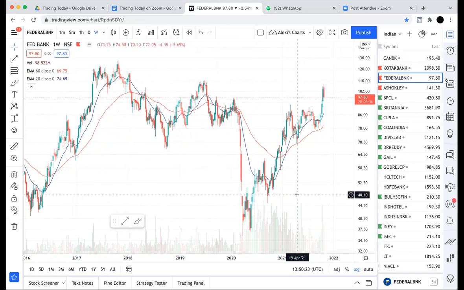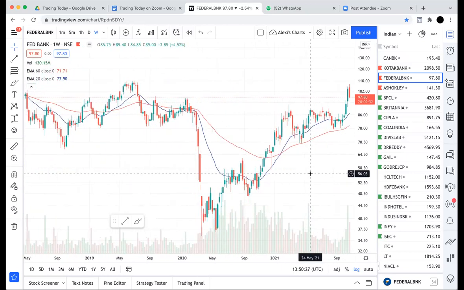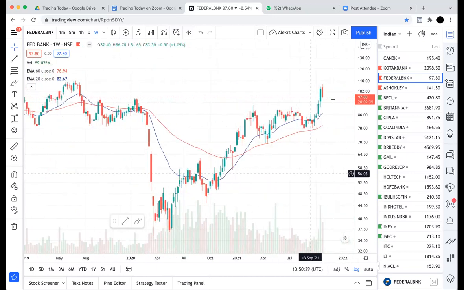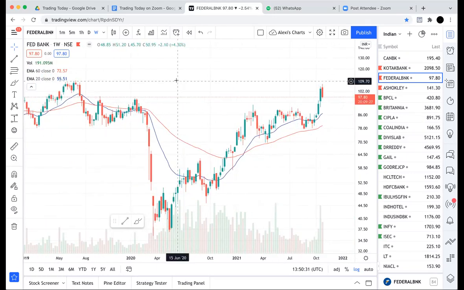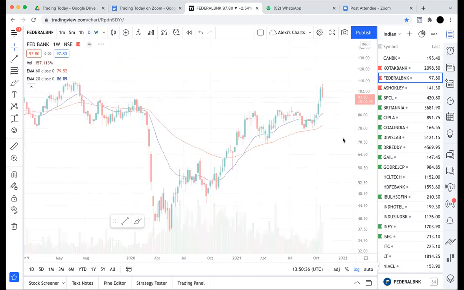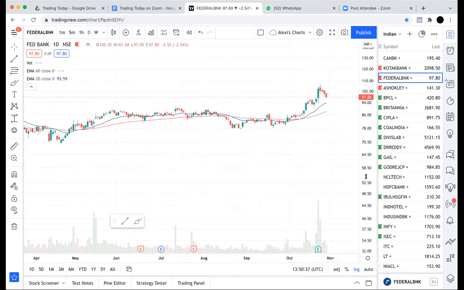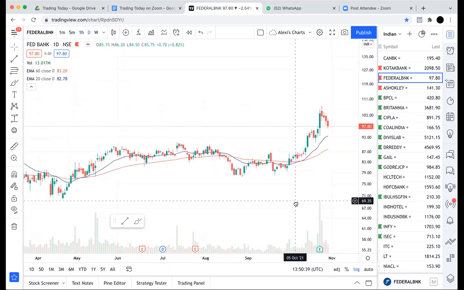You want to look at which one is the most recent one. For example, let's say we're trading right here and we're on today or this week. This is a weekly. Let me go to the daily. I'll have to adjust it a little bit to make it more visible. Here we are.